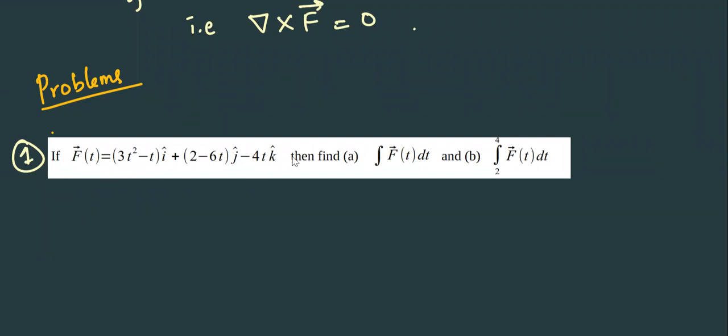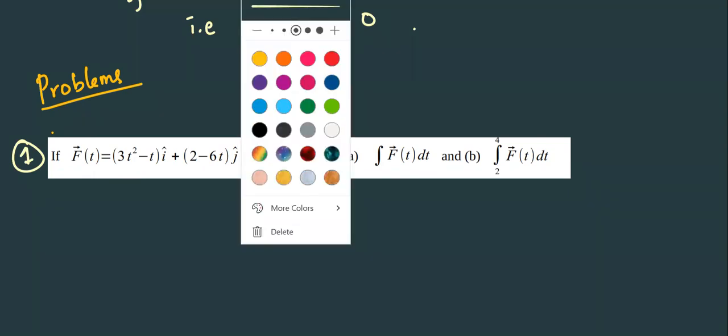If f of t is this, find the integral of f of t dt. So this is very, very simple.